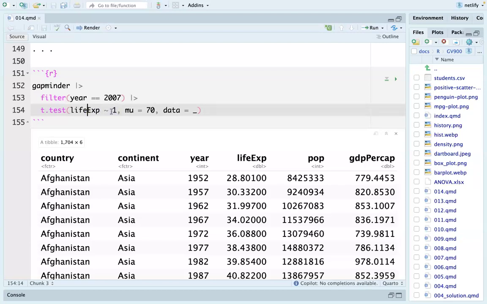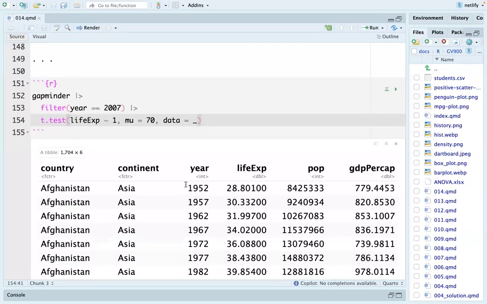Alternative is one sample, and mu is 70, because we want to test if all countries' life expectancy is equal to 70 in 2007. So let's see.